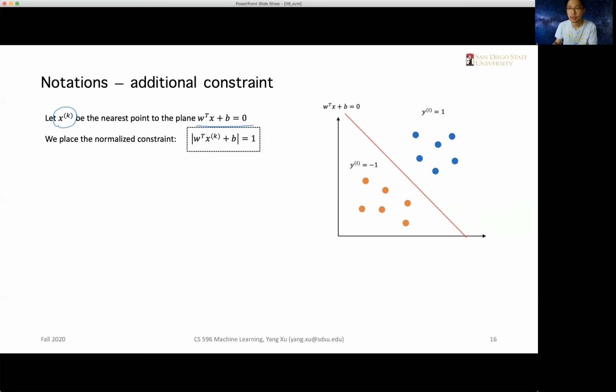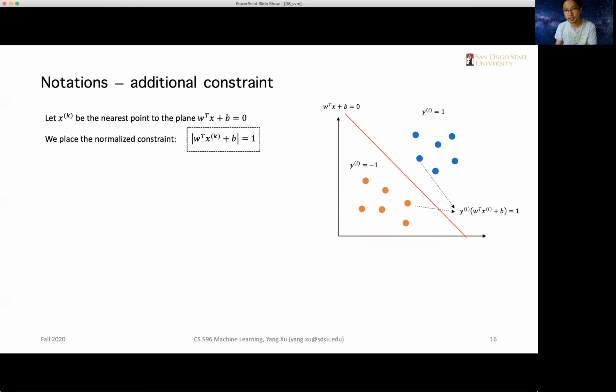For that nearest data point, we want the absolute value of the linear combination with that nearest point to be 1. So with these additional constraints, we can have the representation for the plane fixed.